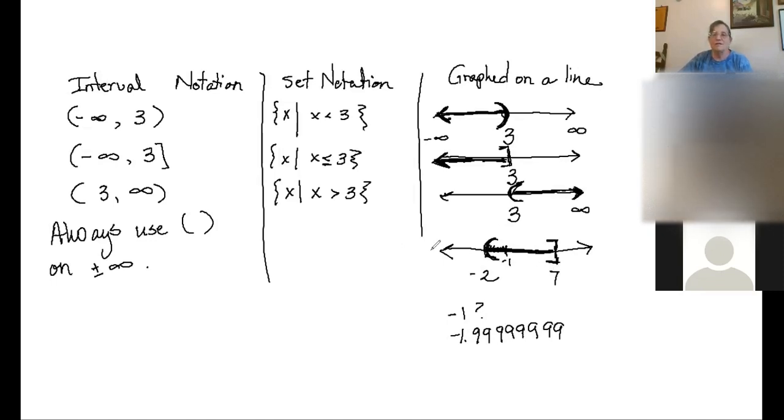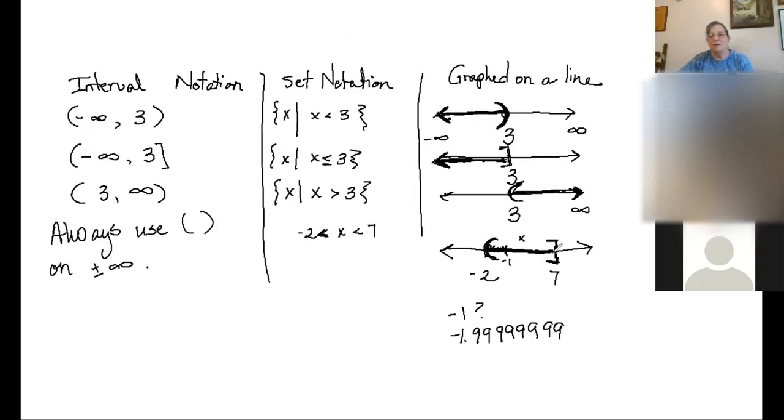To write this as an inequality, we would put, wait a minute here. When x is the numbers between -2 and 7, you literally write the x between the -2 and the 7. In this case, because I put a parenthesis on this end, this is just going to be a plain less than.